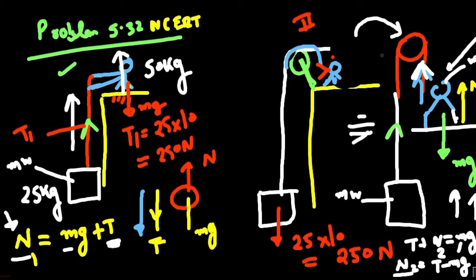So earlier in case number 1, without the pulley, you were able to pick this up. But now what you have done is you have made the tension in a different direction in case number 2, and therefore your normal reaction comes out to be much lesser. Okay?